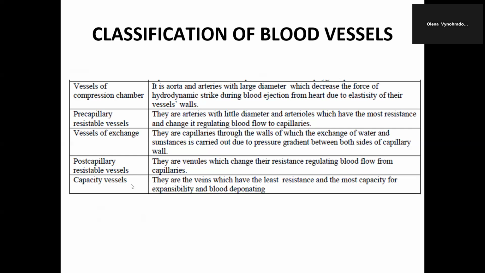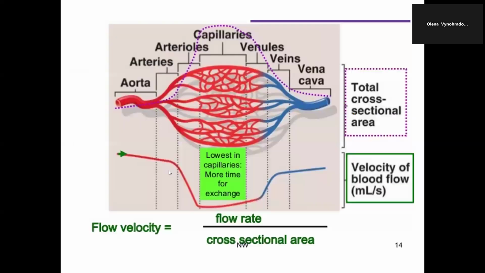And capacity vessels, they are veins, which have the least resistance and the most capacity for expansibility and blood depositing. The main volume of blood every second of our life is inside of our capacity vessels, inside of our veins.